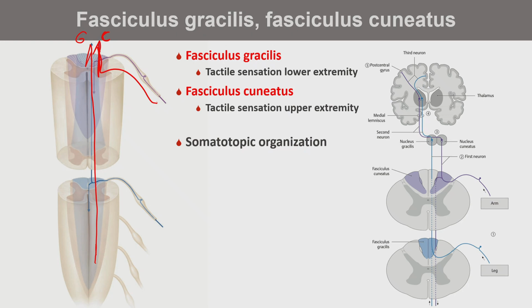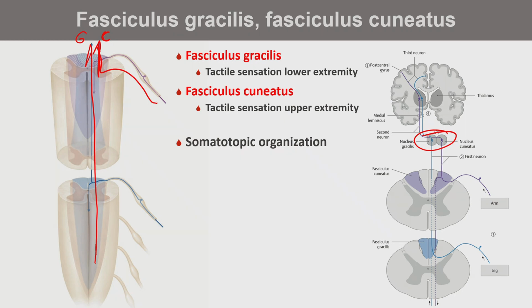Both are related then at the level of the oblongata, where there are 2 nuclei which are called the same way, gracilis and cuneatus.